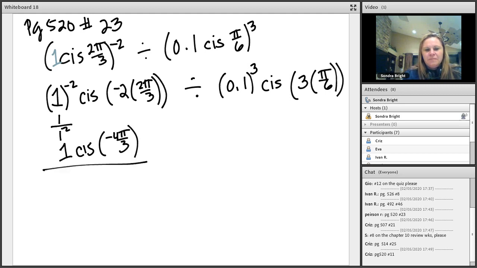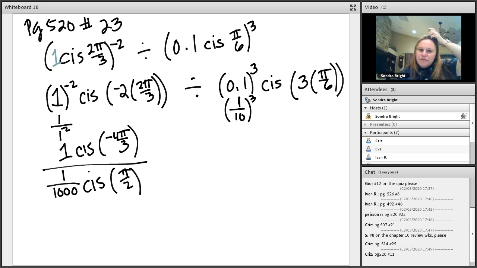And then divided by 0.1 cubed, which is 0.1 is 1 over 10, and then cubed would be 1 over a 1 with 3 zeros, and then cis, 3 pi over 6 is pi over 2.